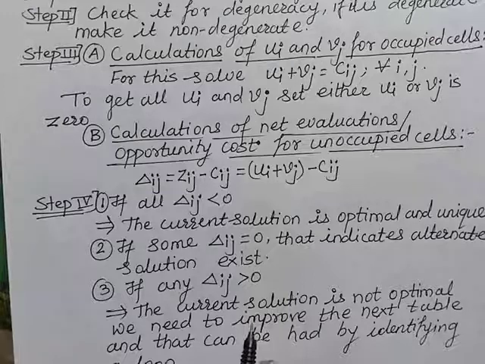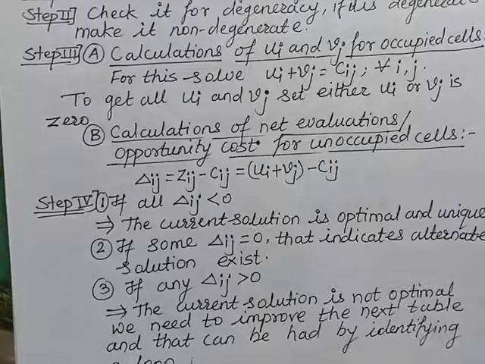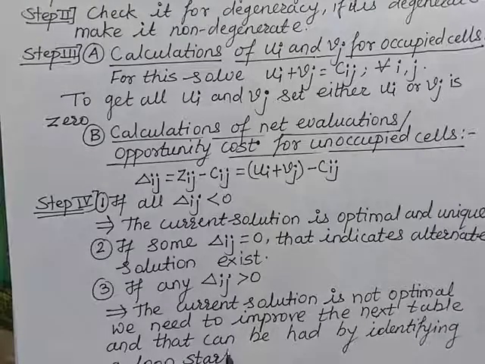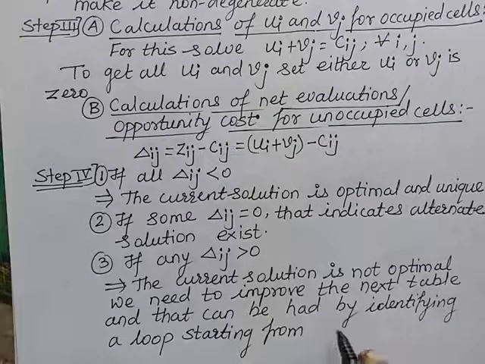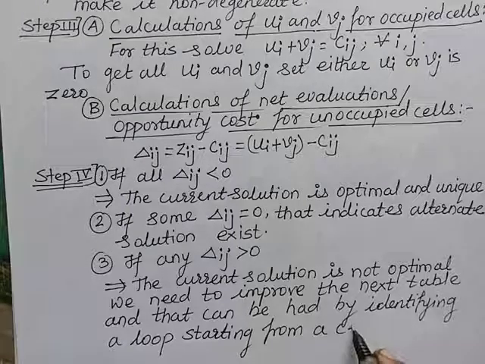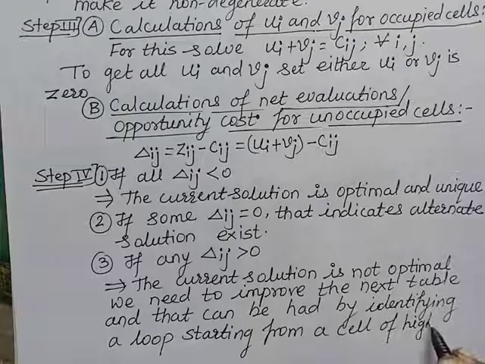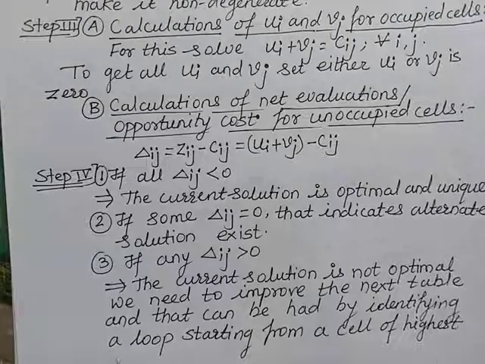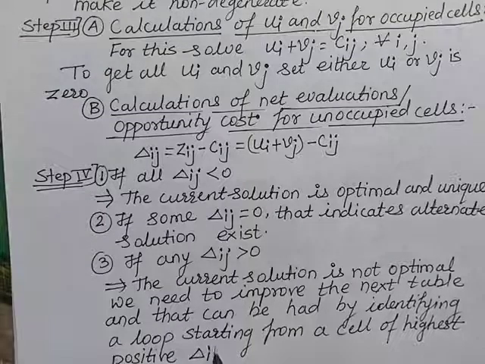Now from where the loop we have to start? The loop we will start from the cell of highest positive delta ij.